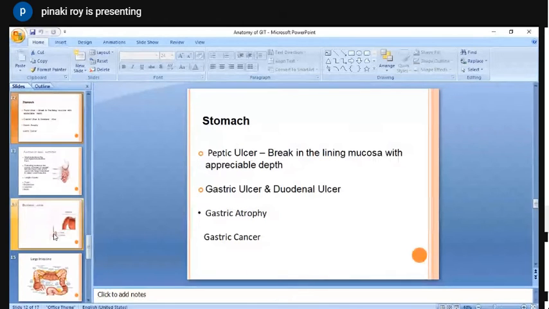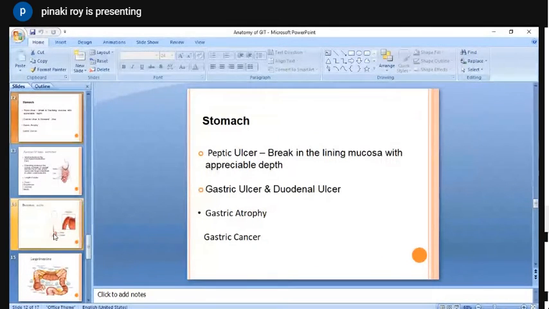And ulcer may lead to pain abdomen, may lead to GI bleed, torrential GI bleed, loss of life, may convert to long-standing gastric ulcer, and may convert to malignancy also, and that is called ulcer cancer, or ulcer followed by development of cancer.